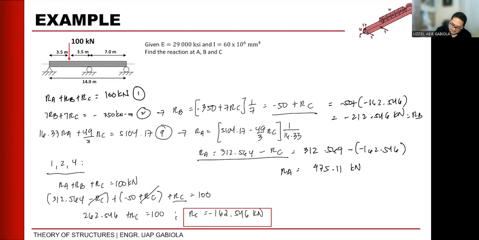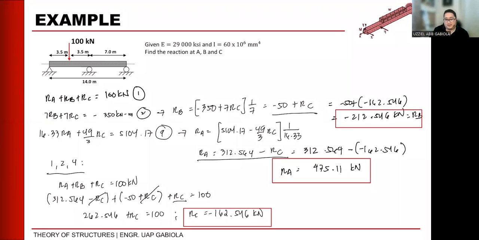So this will be our reaction for this problem. Okay? Ayun. So super haba lang ng equation pero lumabas naman yung reactions natin. Okay? So ibig sabihin dapat ang ating reaction should be upward to, downward to, and then downward to.